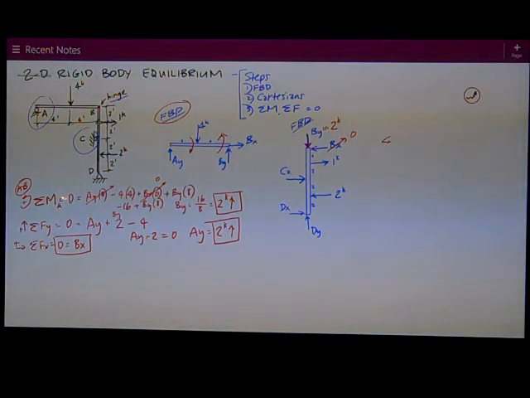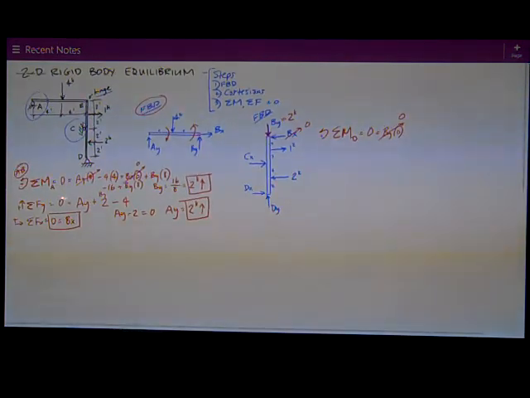Sum moments about some point, I will logically choose point D. Sum moments about D is 0. Starting at the top, the 2 kip reaction from BY has a 0 X distance, so it goes to 0. Then I've got this 1 kip applied load.